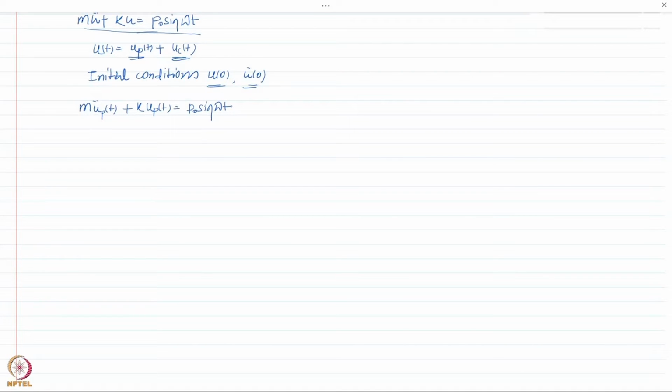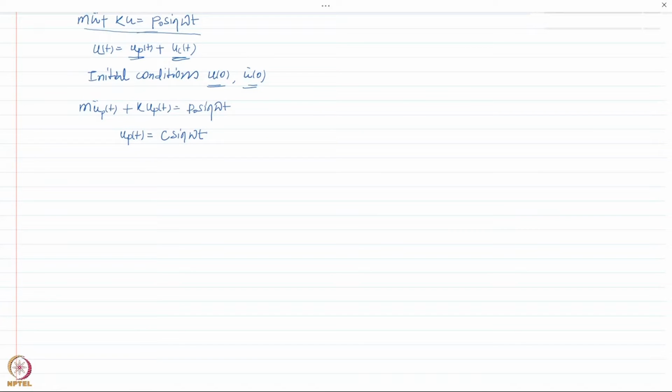Let us say I assume this up of t as some constant times sine omega t, knowing that the sum of the term up of t and the double differentiation of that term would again be some constant times sine omega t. Keeping that in mind, I have selected this as the particular solution.